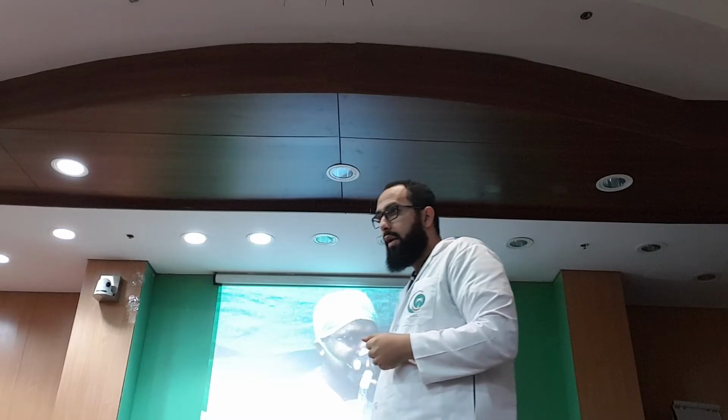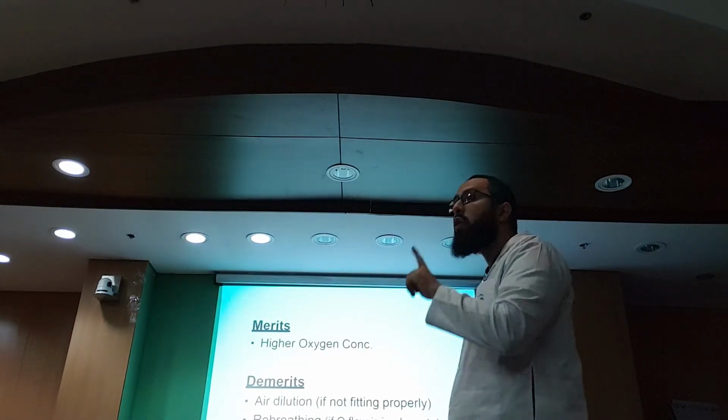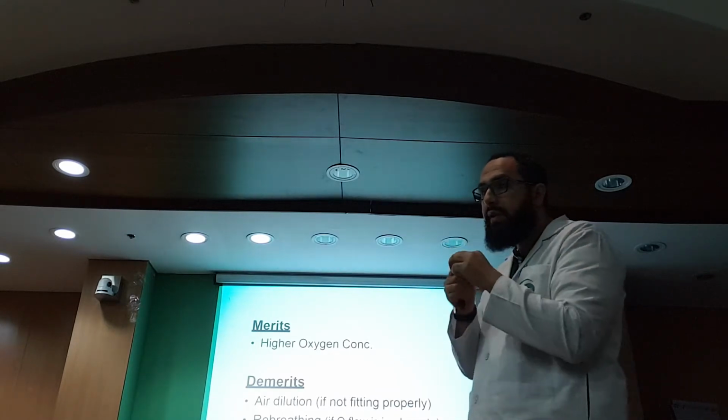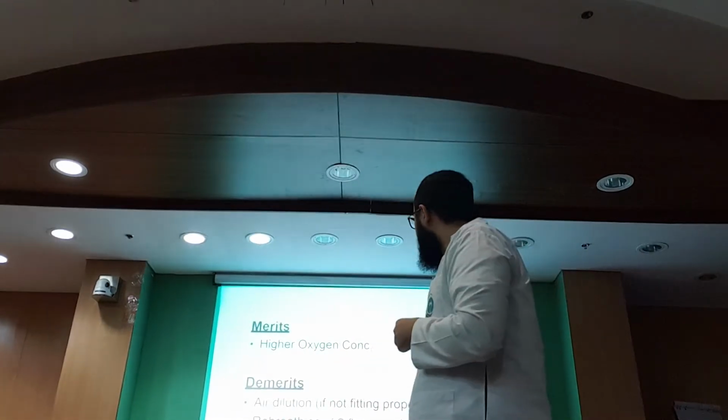If he inhales and the bag collapses, it means he needs more, so you increase the flow. Okay? Clear? So it gives you a higher oxygen concentration because he is now taking pure oxygen that does not mix with the room air. This oxygen comes from where? From the wall or an oxygen cylinder.